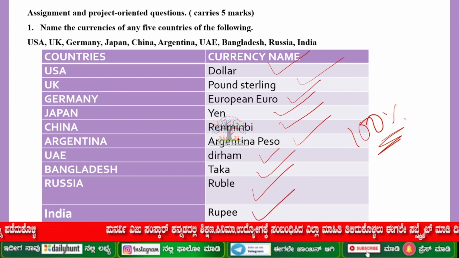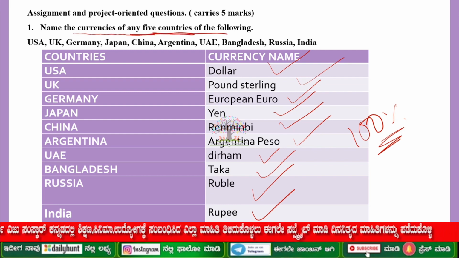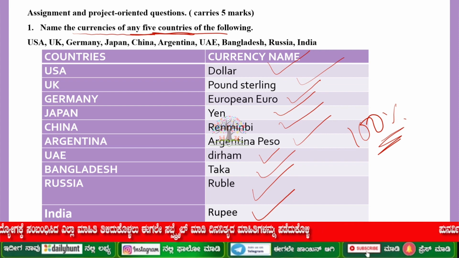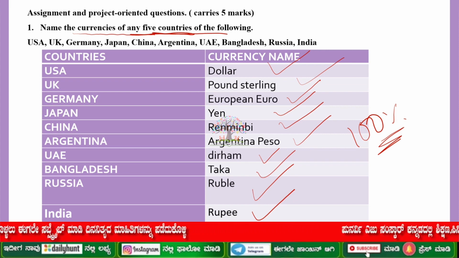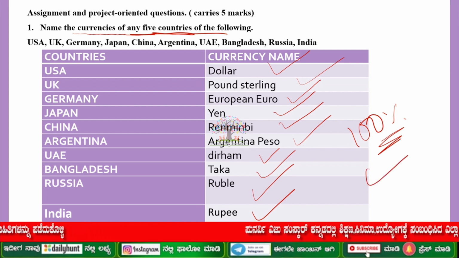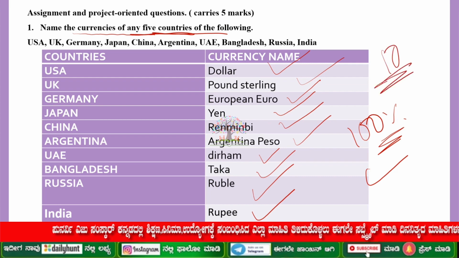They will ask you to name the currencies of any 5 countries from the following, but learn all these things. If one or two go wrong, you can still get full marks here. So please do prepare this one also. It is also important. Prepare all 6 practical oriented questions properly so that you can get 10 on 10.